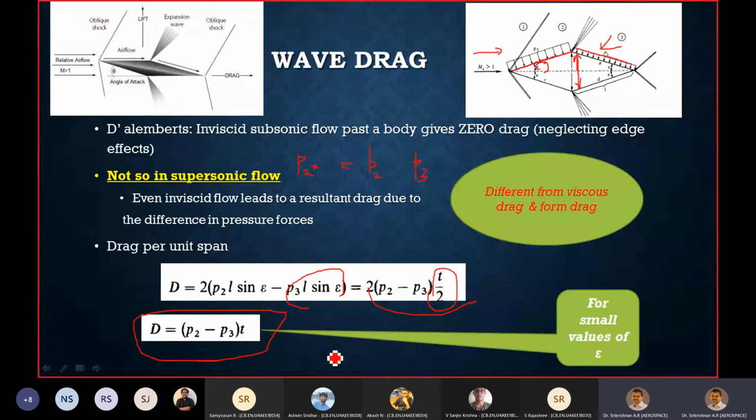Now, where is this 2? I hope you follow the derivation. Where is this 2 coming from? Anybody? Why do you have a 2 there?